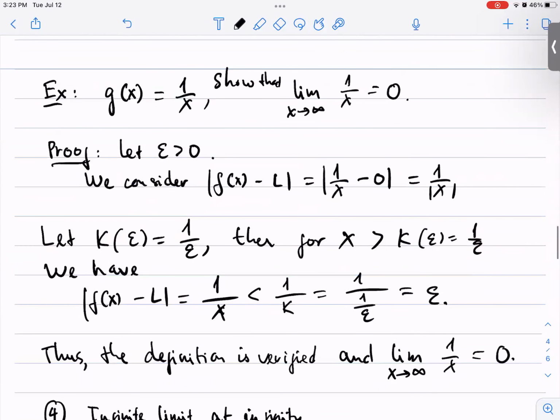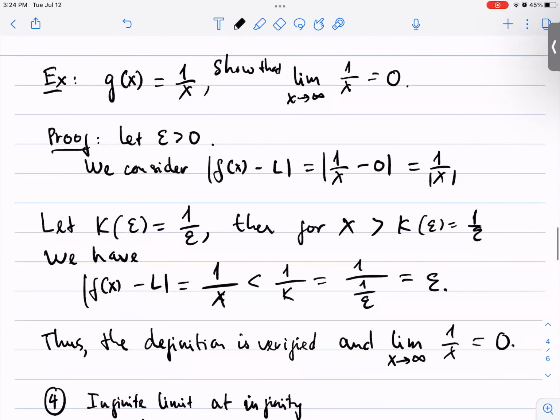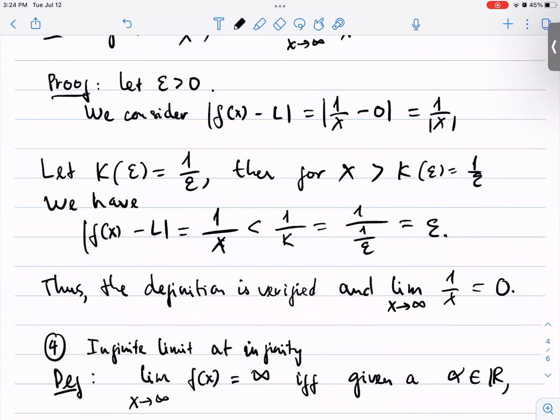Here is an example, the function g(x) equal to 1 over x. We want to show that the limit when x approaches infinity of this function is equal to 0. Here is the proof. Let epsilon be bigger than 0. We consider f(x) minus L, and L here is just equal to 0. So this is 1 over x, and we consider this number in absolute value.